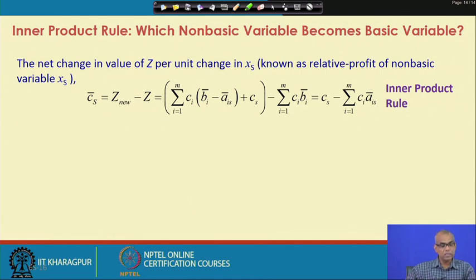What is the net change in the value of the objective function per unit change in xs? To find this out, we have to get the difference between the value of the new objective function and the value of the old objective function. This net change in the value of objective function z per unit change in xs is known as the relative profit of non-basic variable xs.